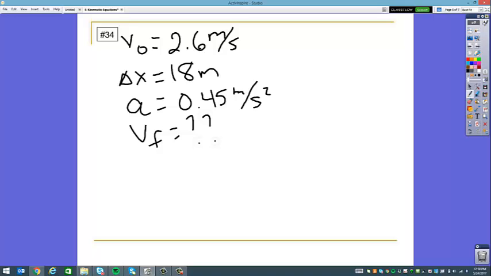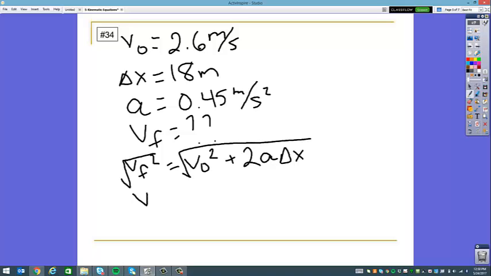So again, you're going to go back and look at your amigos to see which one has V naught, delta X, A, and VF in it. And that would be the third amigo. So VF squared equals V naught squared plus 2A delta X. So solve it for VF. I'm going to square root both sides.